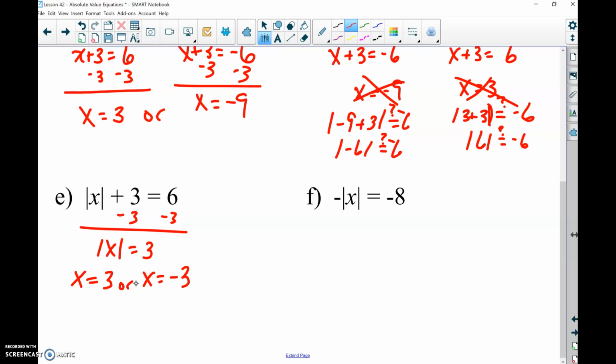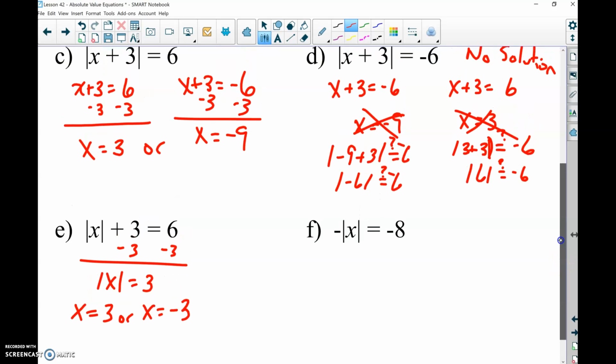Letter F, unlike letter D, we need to isolate the absolute value first, so we do need to divide by -1. So just because there's a negative value that it's equal to doesn't mean there's no solution. You need to isolate the absolute value first.